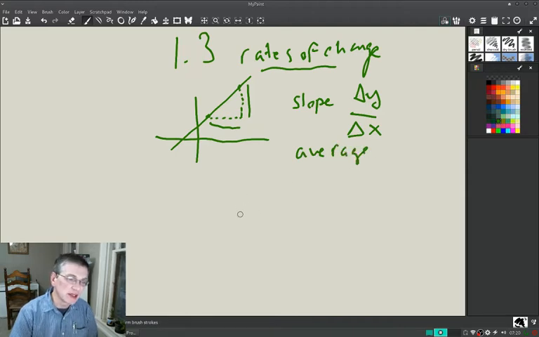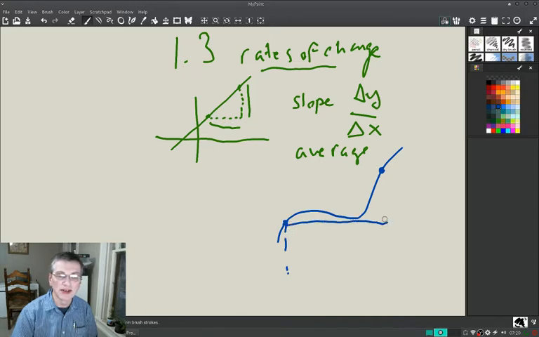It's average because if this wasn't a straight line, say it was this line, and you wanted to know, well, I was back here at this value, and at this value I'm here.